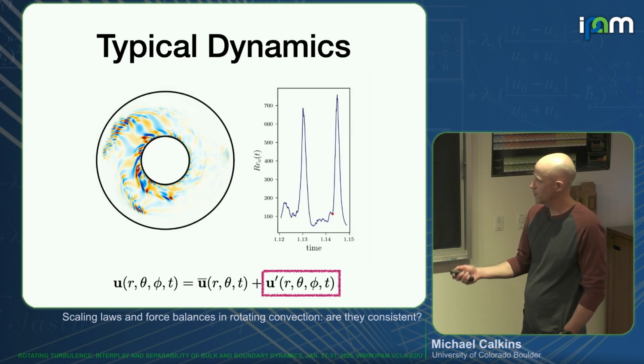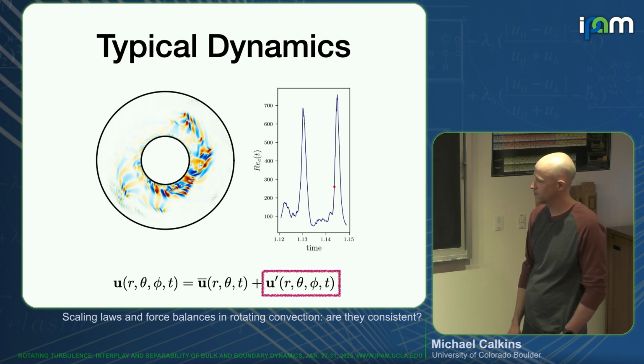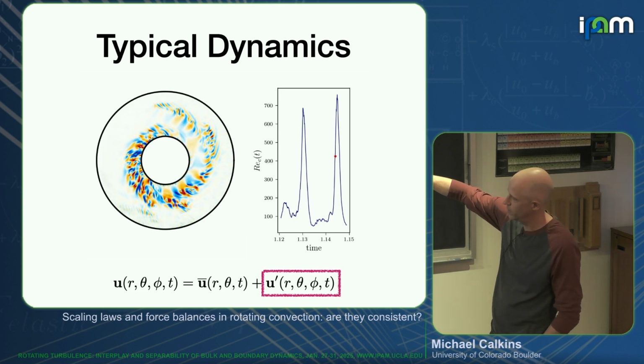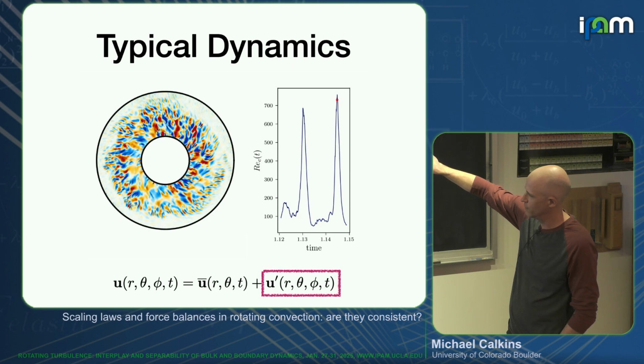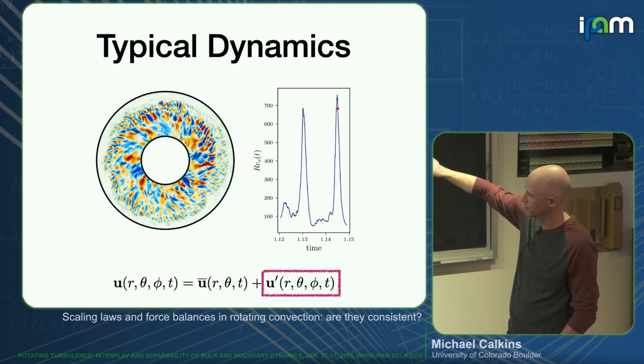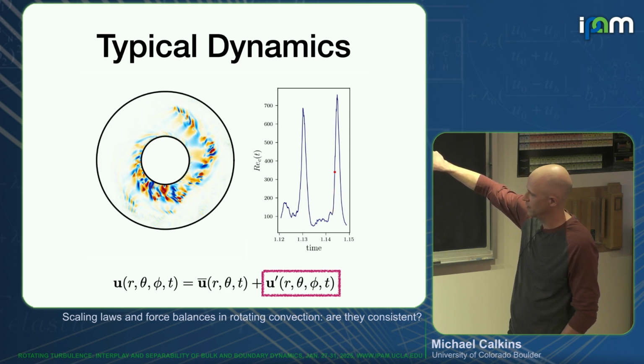This is showing you what the dynamics look like in this system. This is an equatorial plane view of the radial velocity, and this is a plot of the convective Reynolds number as a function of time. The little red dot there is showing you the timestamp on each frame from the movie.